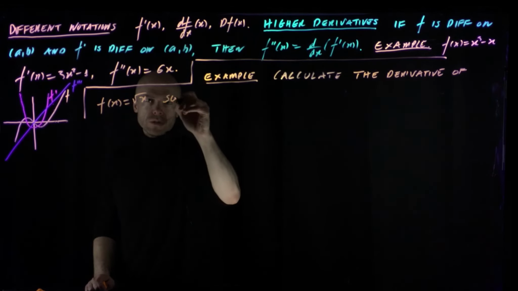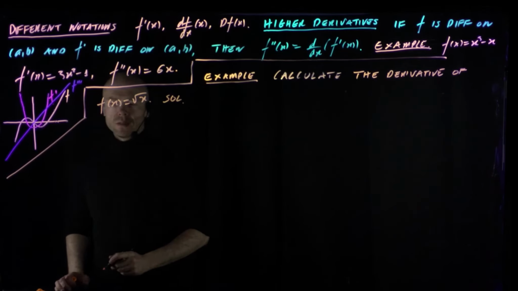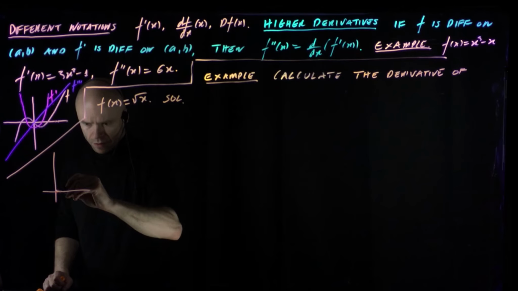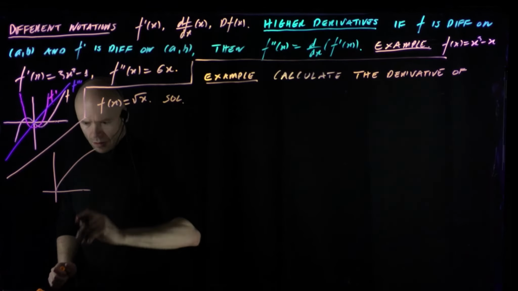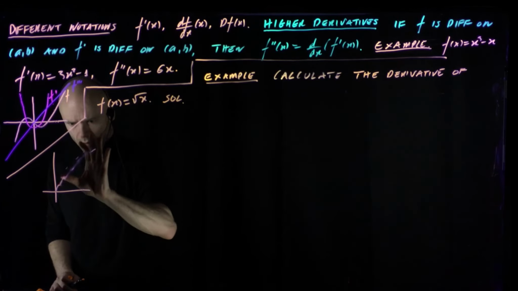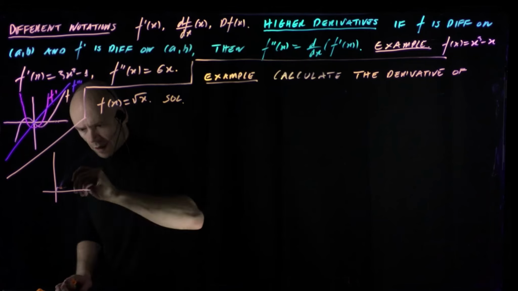Solution. Let's get a picture of what we expect it to be. We know the graph of the square root kind of looks like this.